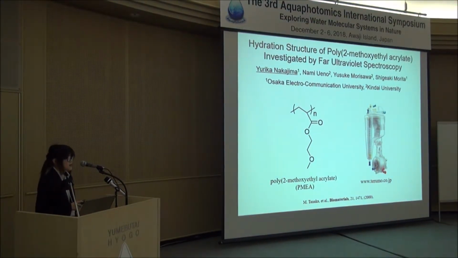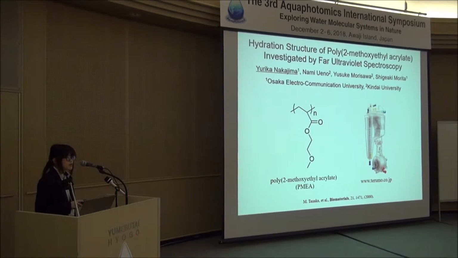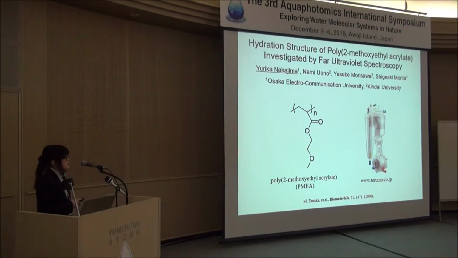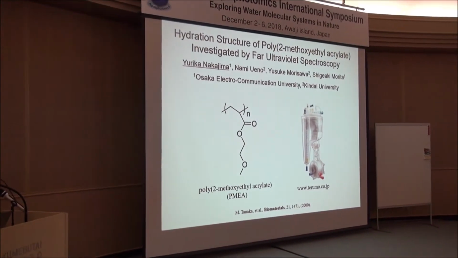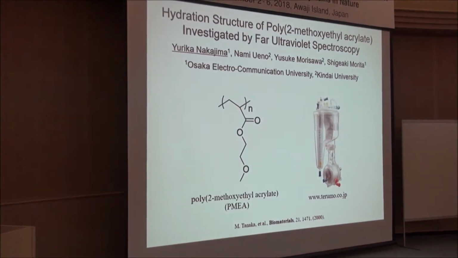I'm Yurika Nakajima from Osaka Electro-Communication University. I'd like to explain about the hydration structure of this polymer, PMEA, investigated by far-ultraviolet spectroscopy. Poly-2-methoxyethyl acrylate, PMEA, shows excellent anti-thrombogenic property.